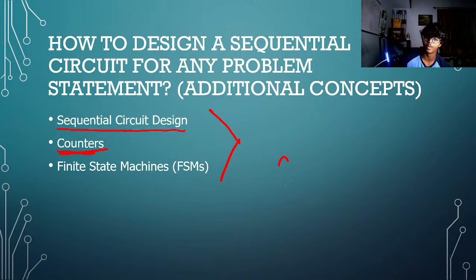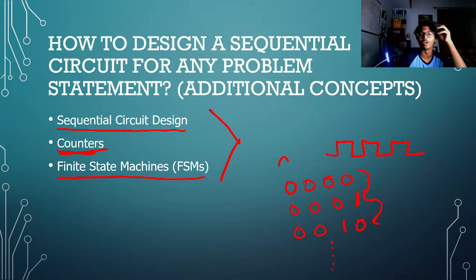If it's a 4-bit counter, like I designed before, it goes from 0000, 0001, 0010 and so on. As you feed it a clock signal, it shifts every single cycle. A clock signal is an input you give to a counter so that it knows when to count up. And there's also something called a finite state machine.